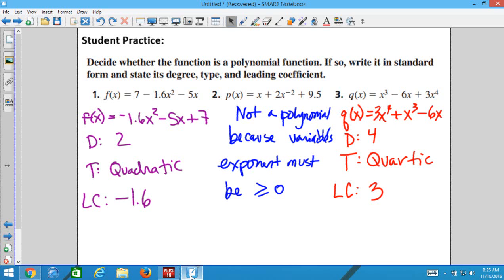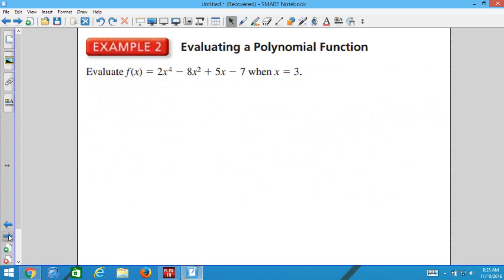All right, guys, do you turn the page? Next one, evaluating a polynomial function. I'm going to model what I would like to see on your paper if I were going to grade anything from you. This says evaluate f of x equals 2x to the 4th minus 8x squared plus 5x minus 7 when x equals 3.